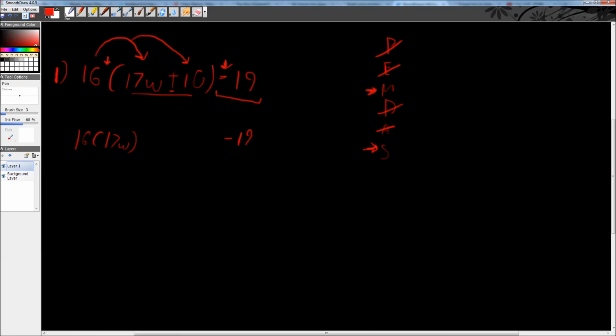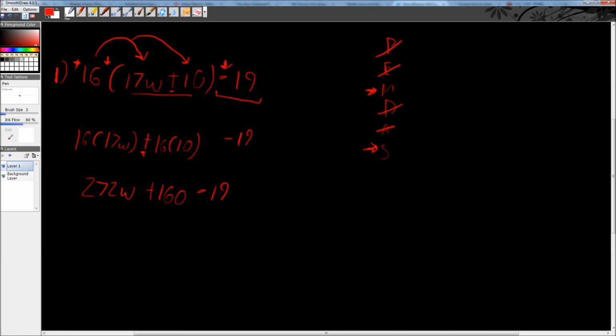Next, plus. How do we know it's a positive? Because the 16 that we distributed here was a positive. 16 times 10. 16 times 17w is 272w plus 160 minus 19.